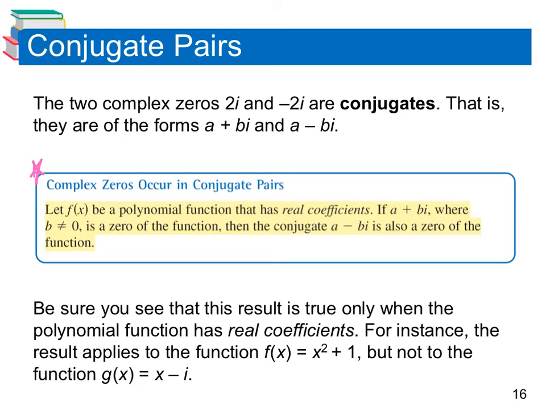So if we have a polynomial and we have one complex solution, its conjugate is also a zero of the function. So if this a plus bi is a zero, then a minus bi is also a zero. So if we have a complex solution, its conjugate is also a solution.